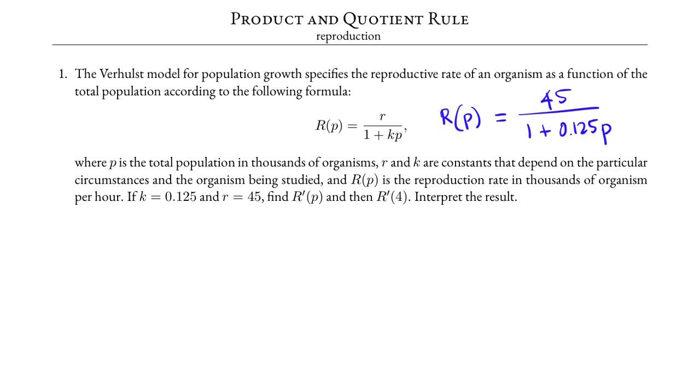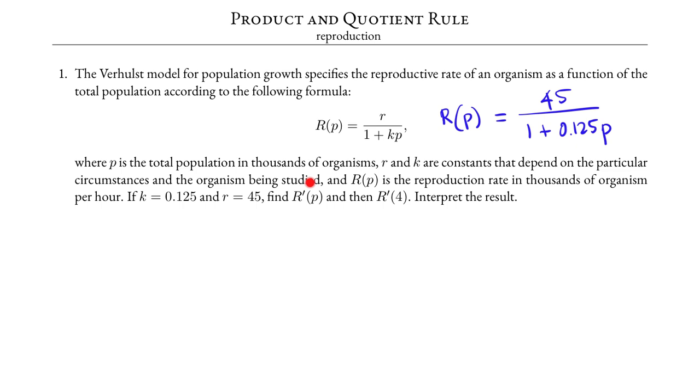But we cannot replace P equals 4 into this unless we're asked to evaluate the reproduction rate in thousands of organisms per hour. We are not asking for R of 4, we ask to find R prime of 4.